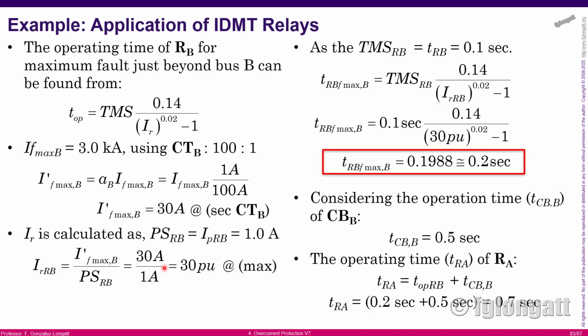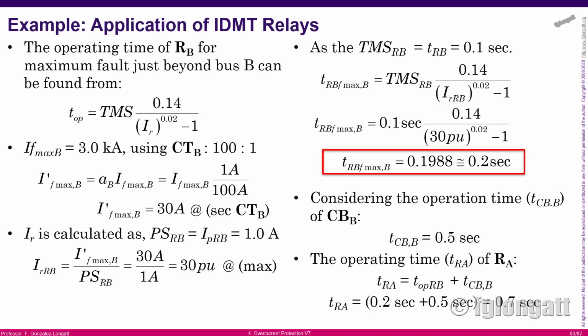And that is what we need, because in this case we are using the current in per unit, and the time setting that we already defined, 0.1 seconds, okay? It's extremely simple.